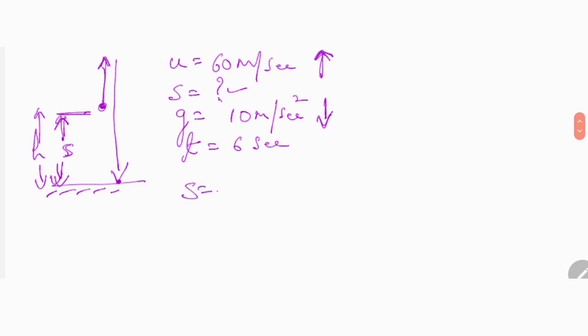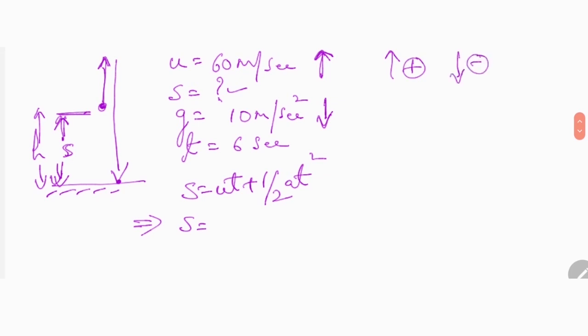S is equal to ut plus half at square. Now see the treatment here. S we don't know, so we leave it as it is. Our convention is every arrow upwards positive, everything downwards negative. So this is 60 going up, so it is positive. G downwards, so we use negative.